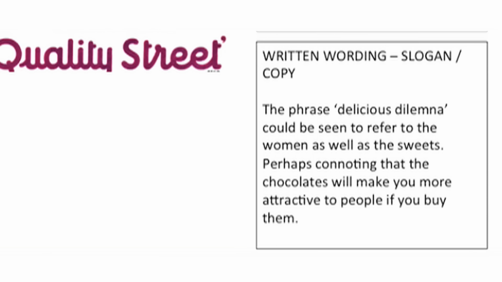Not only does it emphasise the fact that there's going to be a lot of variety in the sweets, but it also could be seen as a kind of double entendre, like something with two meanings. Perhaps he's also got the dilemma of choosing between the two women as well. And that might be something that could connote that the product, the Quality Streets, are going to make you as the man more attractive to people if you buy these chocolates.